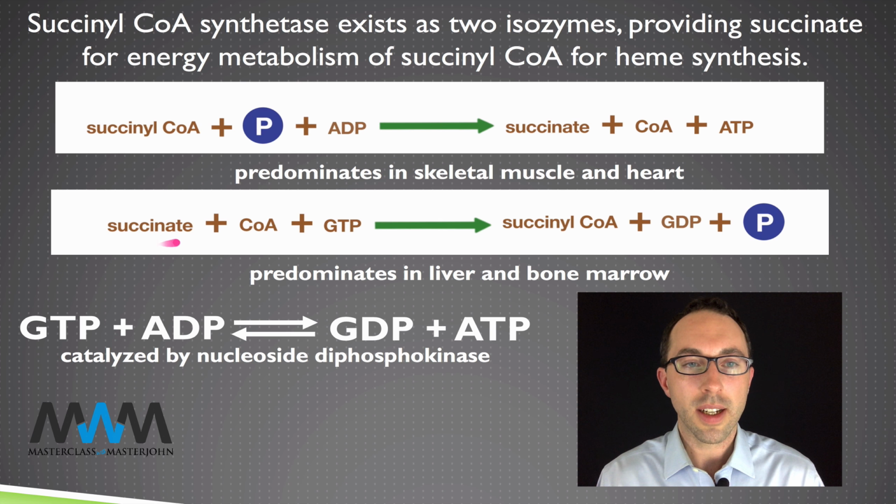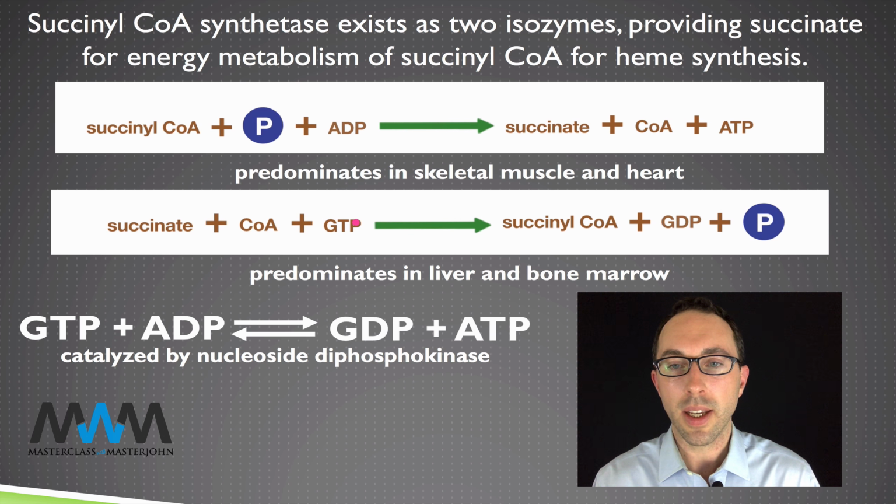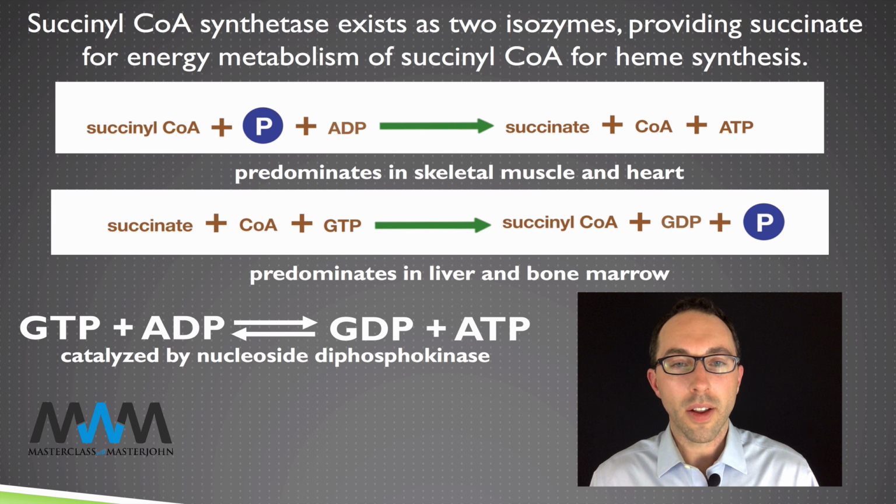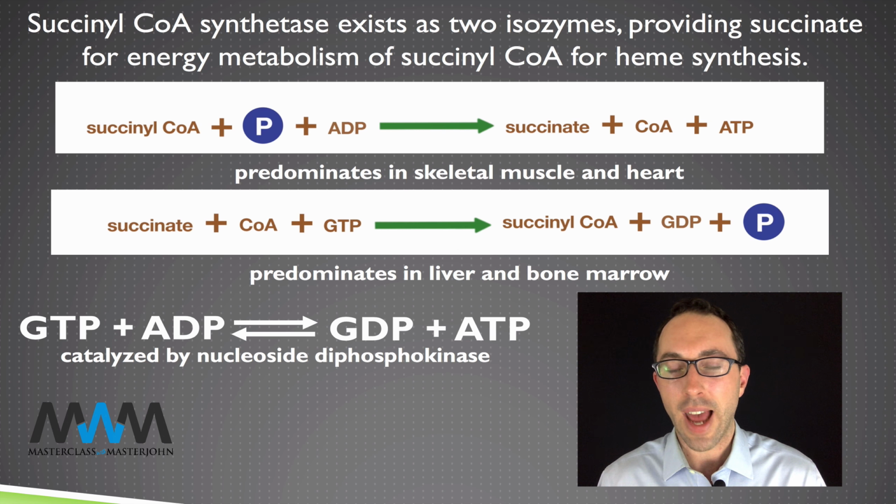In this version, succinate binds to CoA using the energy in GTP to make succinyl CoA for heme synthesis. In reality, using GTP here is just a way of controlling what enzyme is most active.